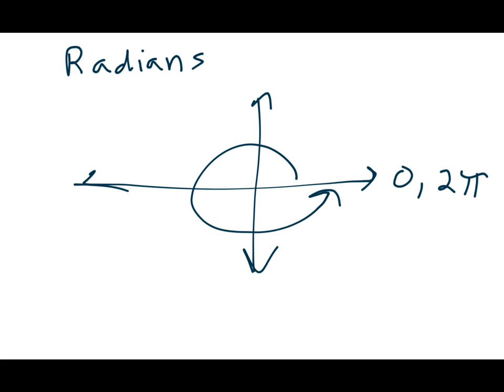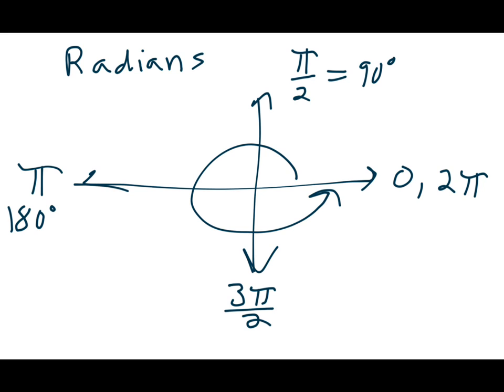Then if we go half way, half of that would be pi, that'd be 180 degrees. Half of that would be pi over 2, which is 90 degrees. And then down here at 270, that's 1.5, or 3 pi over 2, is 270 degrees.